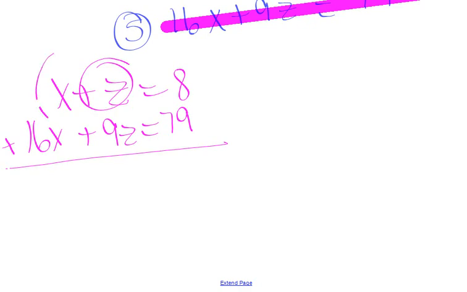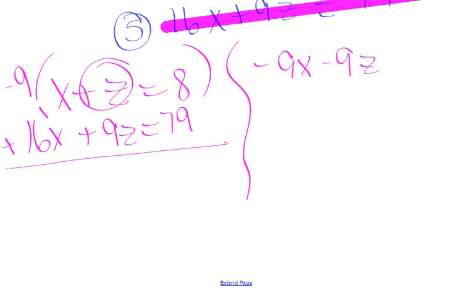So I'm going to multiply everything in my first equation by negative 9. So that becomes negative 9x minus 9z equals negative 72. And I'm going to do a straight copy of my other one, 16x plus 9z equals 79.